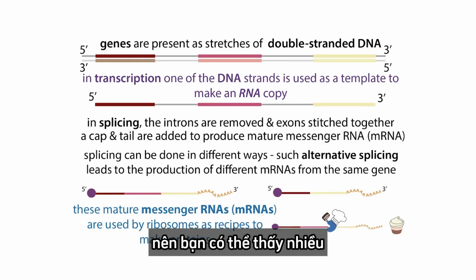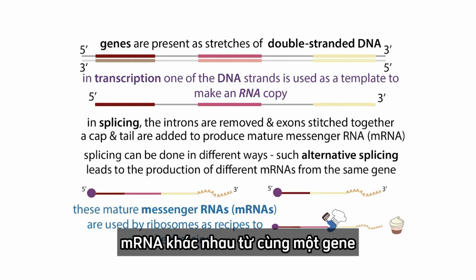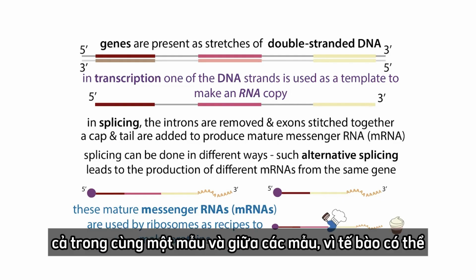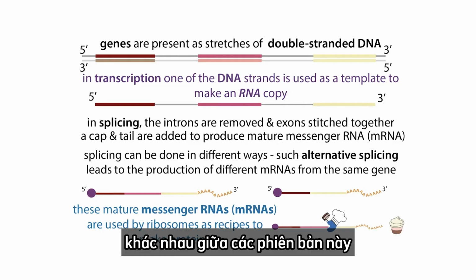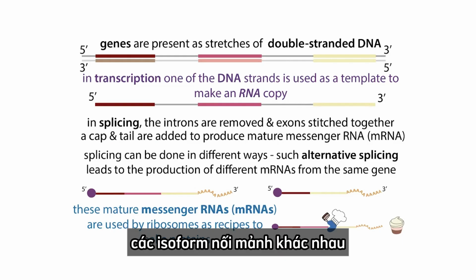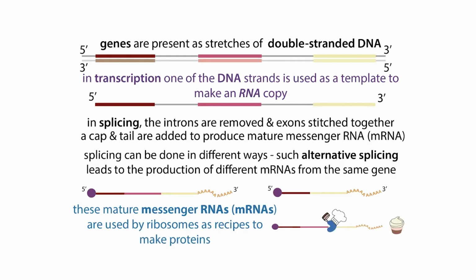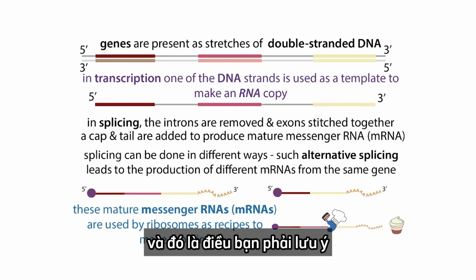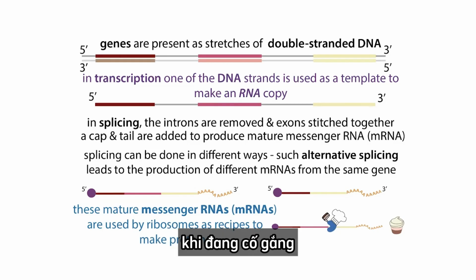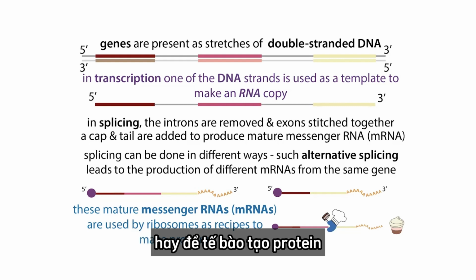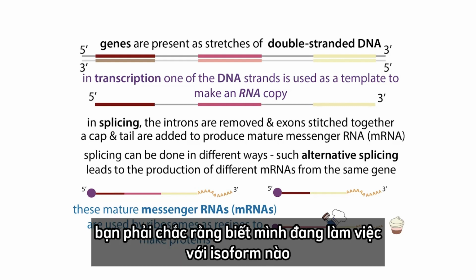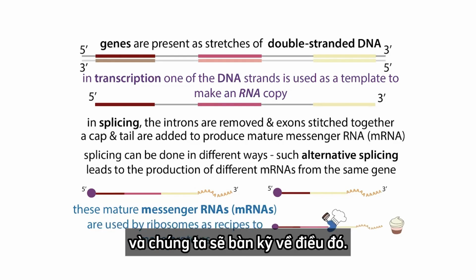And so you might see different mRNAs from the same gene, both within a sample as well as between samples, because cells can make and regulate these different splice isoforms differently. That's something you're going to have to keep an eye out for if you're trying to clone a cDNA or get cells to make a protein. You need to make sure you know which isoform you're working with, and we'll get into that.